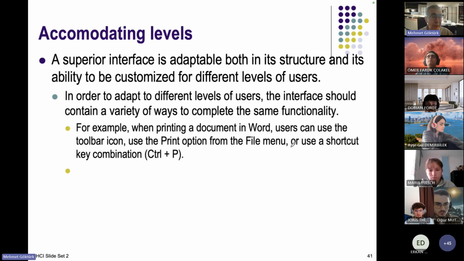Unless it is a voting machine or a ticket machine, which is rarely used and used infrequently by the user. In those cases, there is only one way to do one thing.